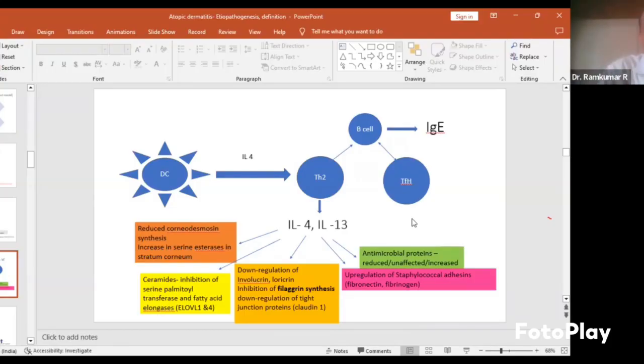So the basal to suprabasal transition itself is affected, and at the stratum granulosum level, tight junction is affected, and then at the stratum corneum level, the lipids are affected, the cornified envelope is also affected, then filaggrin is also affected, natural moisturizing factors are also affected, all by the actions of these type 2 cytokines. So they have an impact on every aspect of the epidermal structure, differentiation, and barrier.